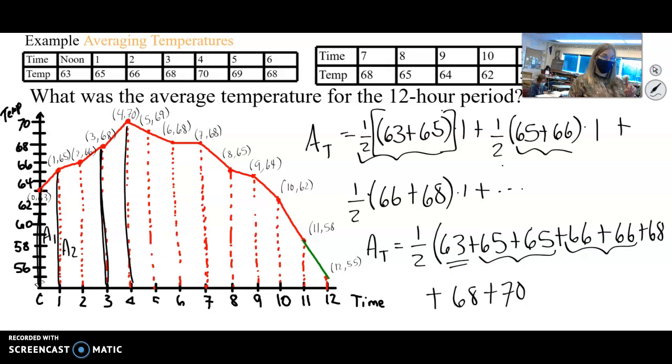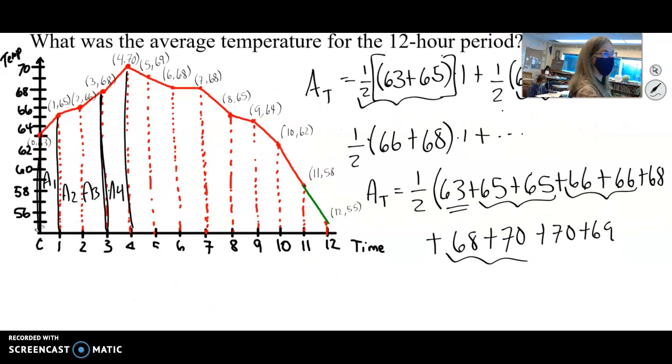Only the first base shows up only 1 time. That was for trapezoid number 4, and the next one will be 70 plus 69. All of these values are going to continue like that.